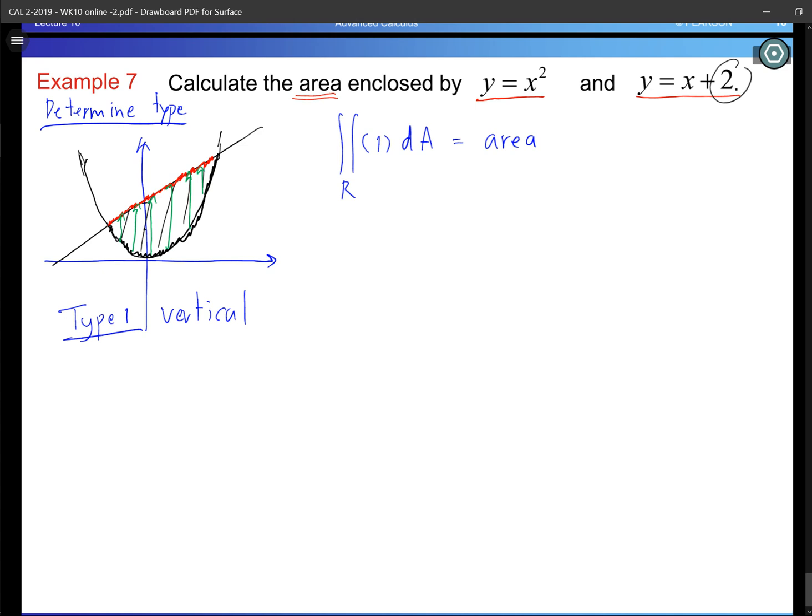Alright, so that's how I see it. But if you are not sure about this and you don't see it like this, maybe you can try doing this by trial and error. So instead of assuming that this is top and bottom, you can try sweeping this horizontally, and let's see what happens. Let's draw it again.